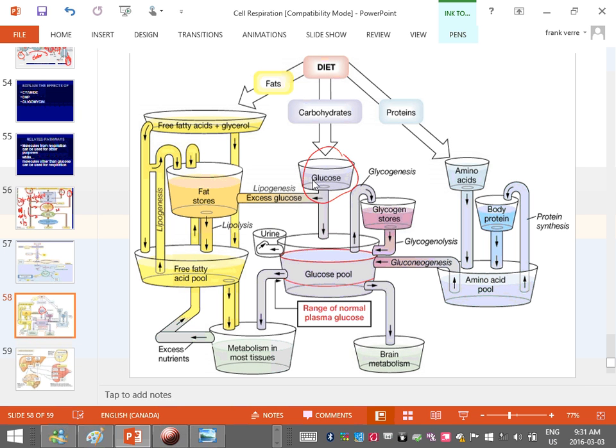Look, glucose can be converted into what? Fat. Or into glycogen. Proteins can be converted into amino acids, but they can also be converted into sugar. So we can convert these nutrients into other nutrients.